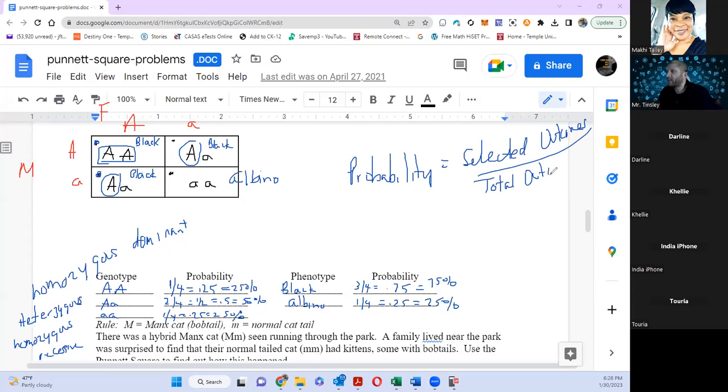If you know that definition, what does selected mean? Well, the probability you're looking for. So if I want to know the probability of black rats, how many black rats do I have? 3. That's my selected outcomes. How many total outcomes can I have? 4. So 3/4 is 0.75, which is 75%.